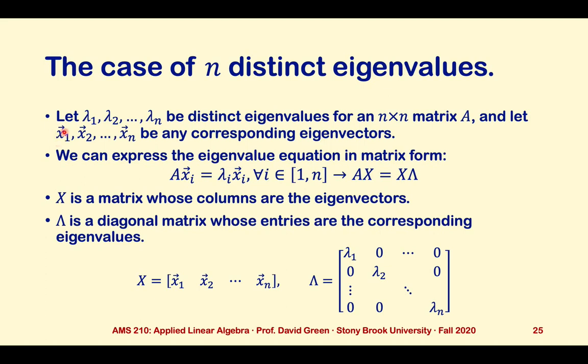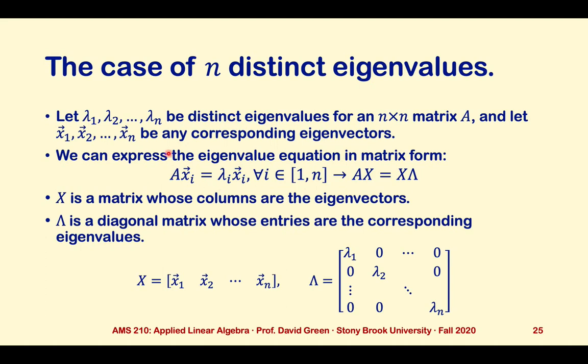We can take any vector on that line, any eigenvector corresponding to each of these eigenvalues. This will be a set of n linearly independent vectors. Each of these has to satisfy our basic eigenvalue equation of A xi equals lambda i xi.